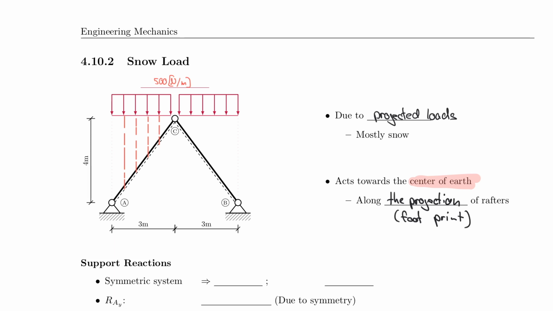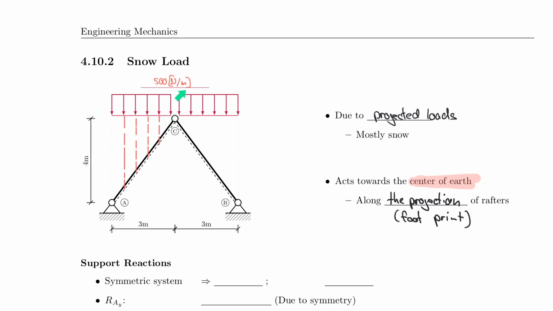And when they create these snow loads, nobody wants to tell you anything about how your roof is pitched, right? Because the architect decides that, or maybe the engineer, but the snow is always defined based on geographic locations, and so it's always based on the projected footprint that the snow produces.